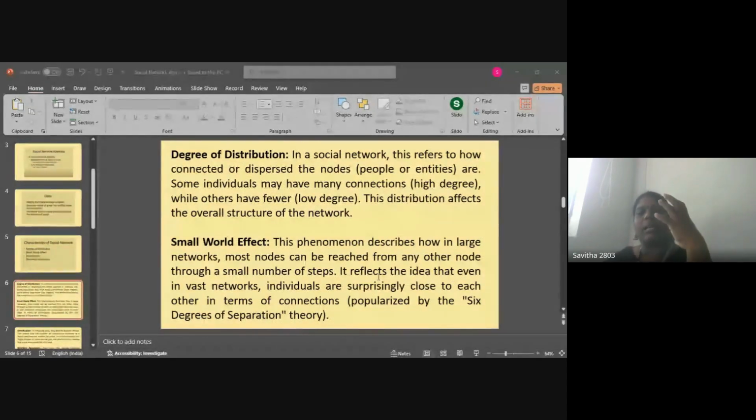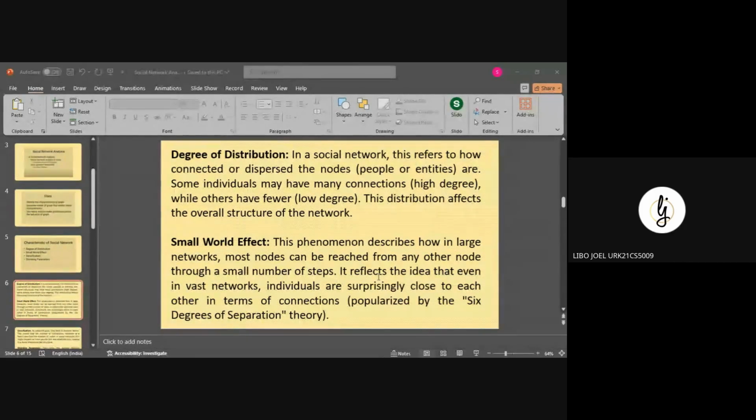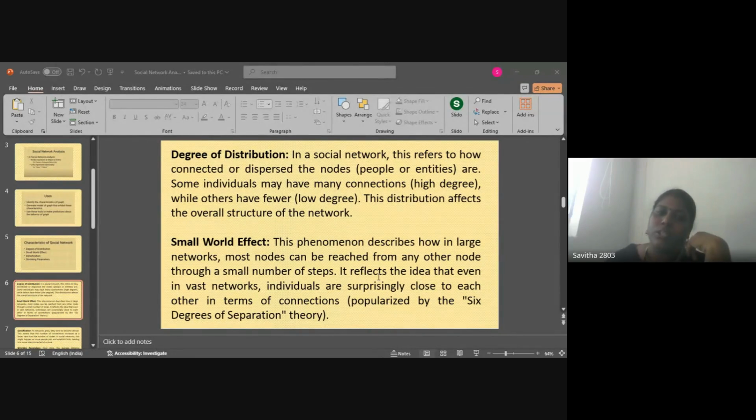That means how many connections a particular node or person has will be calculated as the degree of connections of the individual node. The distribution of that is called the degree of distribution.